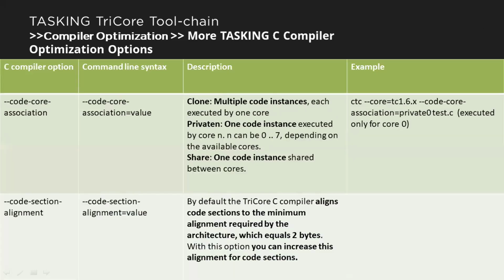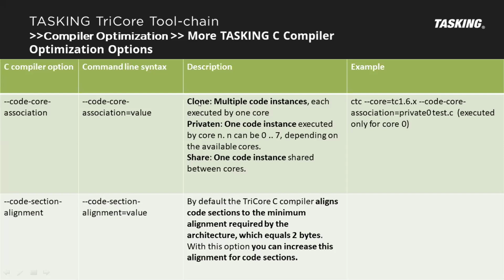All right, more options here. This is code core association. As the name tells, it associates a certain code to a certain core. And here is the compiler command line syntax for this. The value that you assign will be one of 3 values: either clone, or private with a number beside it, or share.